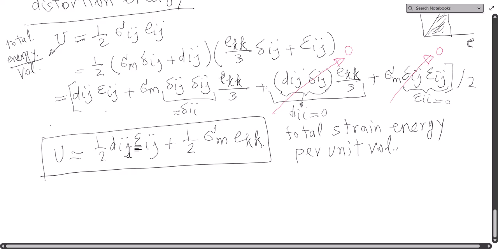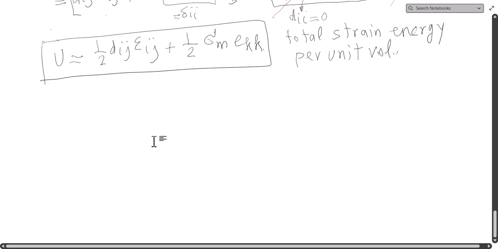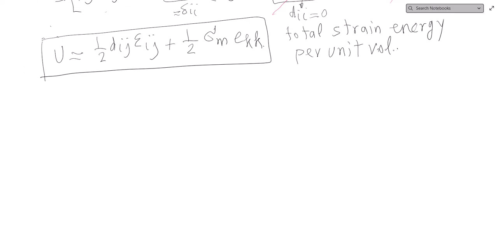Okay. The first part, this part, is what we are interested in. This is the deviatoric part. Let's call it U_D.